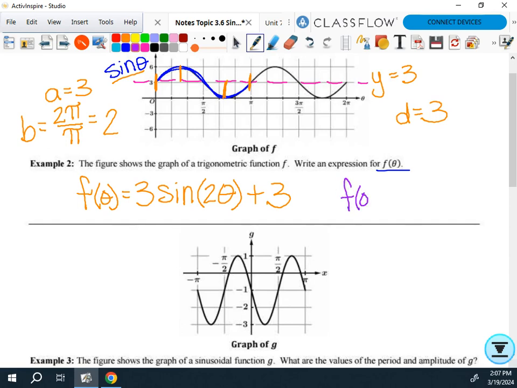So f of theta equals a times the sine of b theta plus d. That's what we did, which again is literally the same stuff. Let me just find out how to write it. I could write this as f of x.